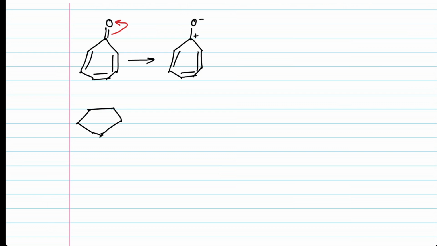In the same manner, there could be a compound where we have a cyclopentadienyl ring and a cycloheptatrienyl ring joined together by a pi bond.